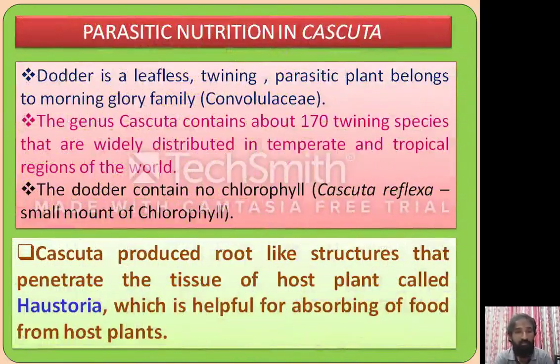Cuscuta reflexa has a small amount of chlorophyll. Cuscuta produces root-like structures called haustoria. These haustoria penetrate the tissue of the host plant and help absorb food from the host plant. This is the main phenomenon involved in the absorption of food from the host plants by the dodder plants.